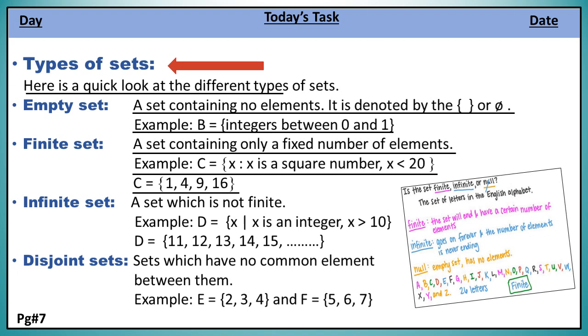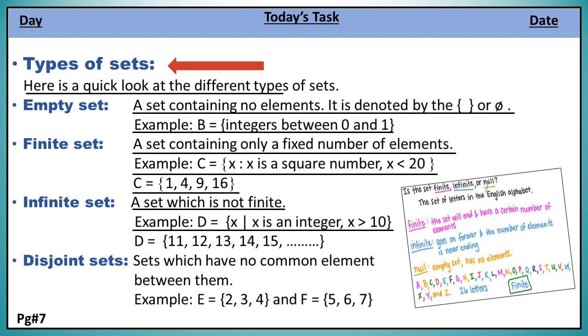Let's come to know about infinite set. A set which is not finite is called infinite set. Dear students, infinite set हमारे पास ऐसा सेट है जिसकी एलिमेंट्स अनकाउंटेबल हैं, अनलिमिटेड हैं, यानी ऐसा सेट जिसकी एलिमेंट्स कभी भी खत्म नहीं होते. For example, D is equal to x such that x is an integer, x greater than 10.